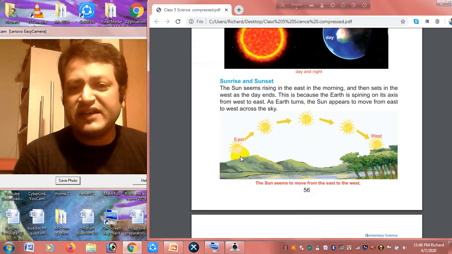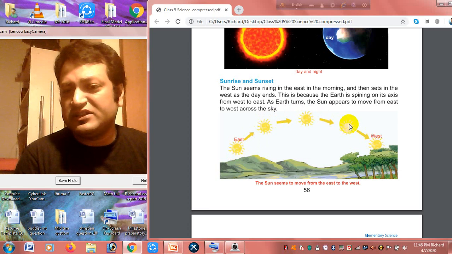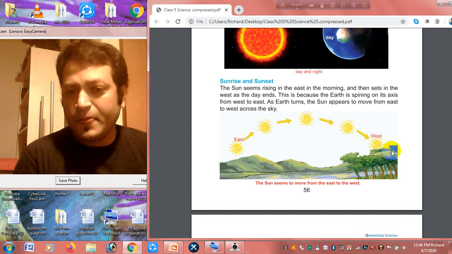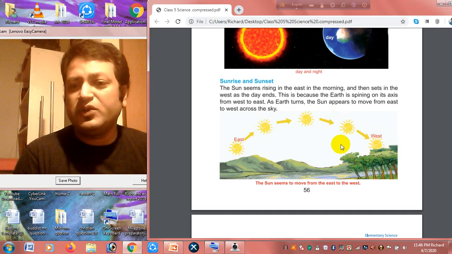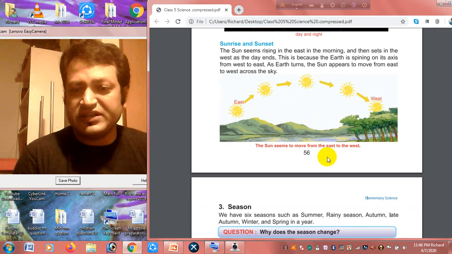The sun rises in the east, then this portion, then this portion, and finally it sets in the west. When we see these things, it is only the result of Earth's rotation.